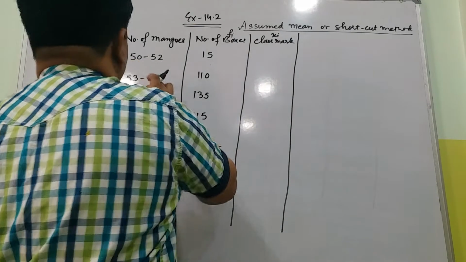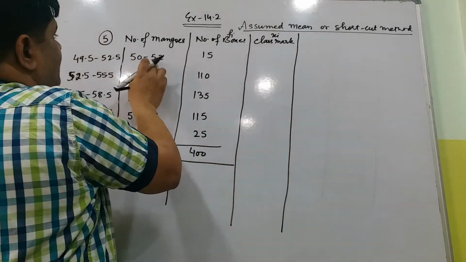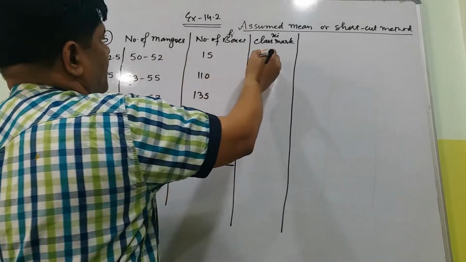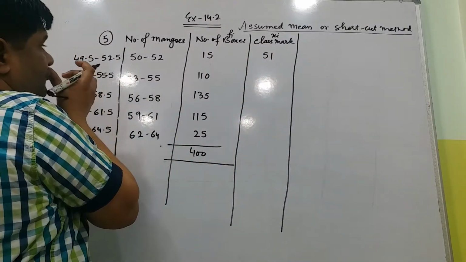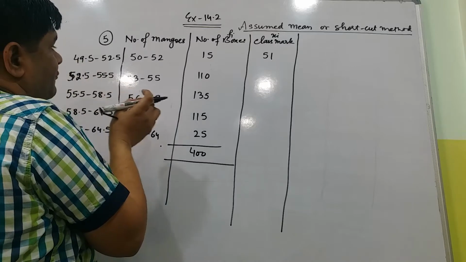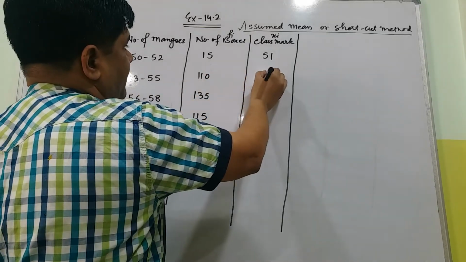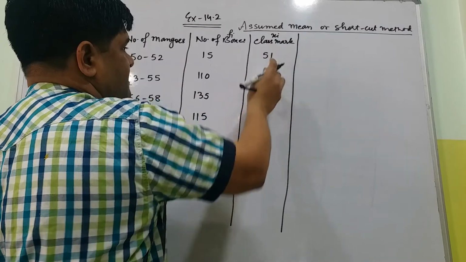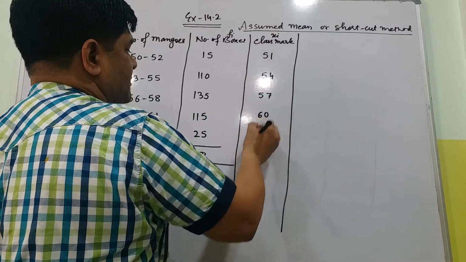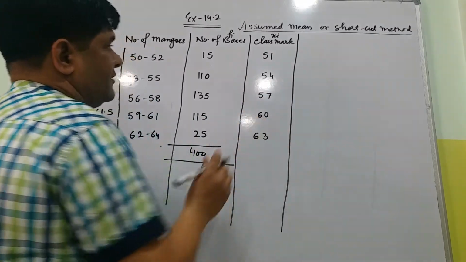Class mark will be: add both of them, 102 over 2, 51. 52.5 and 55.5, it will be 108 divided by 2, 54. The gap is same, so 57, 60 and 63 will come.